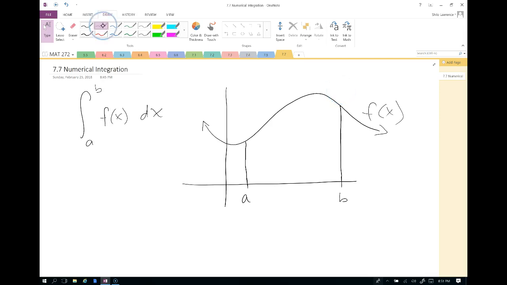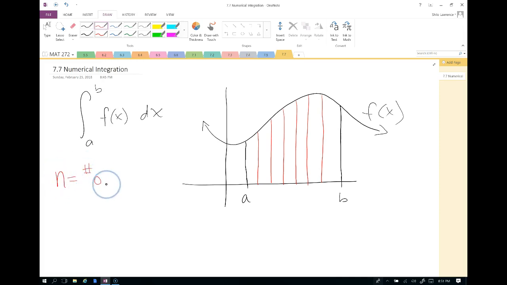So another option is to break this region up into subintervals. How many subintervals is just dependent upon the problem and how accurate you want your answer to be. In the problems that we're going to do, we'll always be told how many intervals to create, and we will call that n. So n equals the number of subintervals.